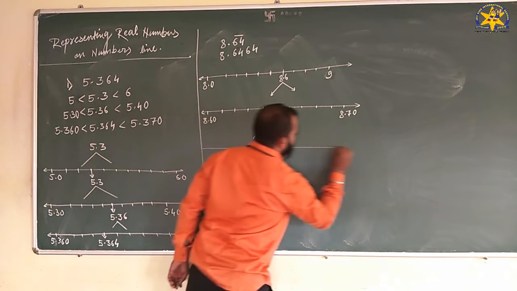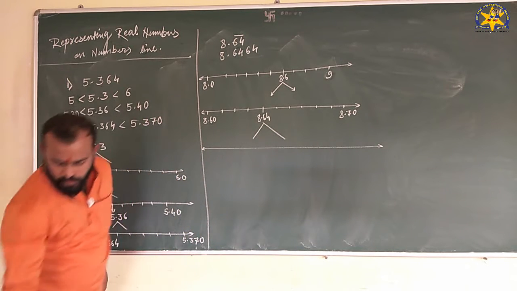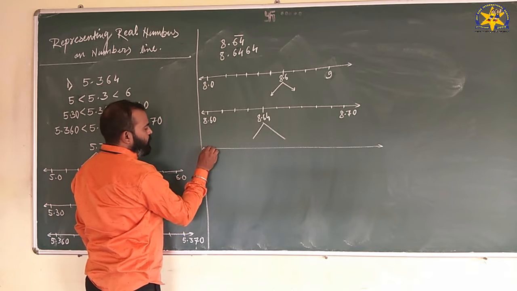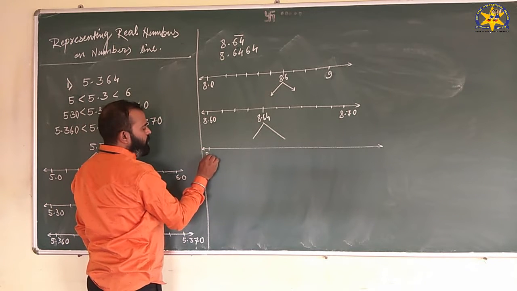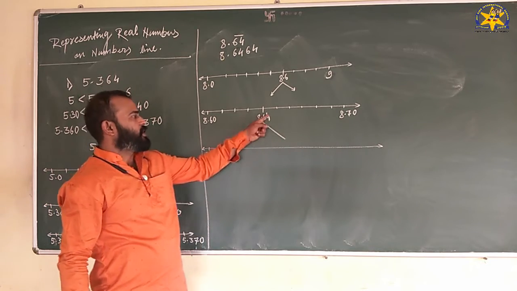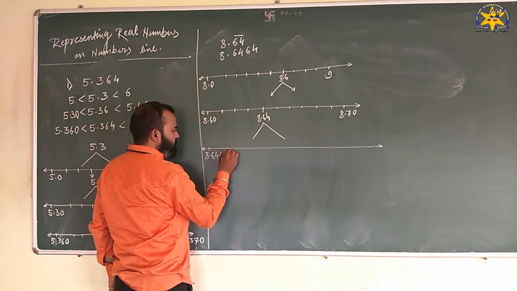What will we get? See. Now what will we get here? 64 is done: 8.640. We will go from 8.640 to 8.650. So 10 divisions again.